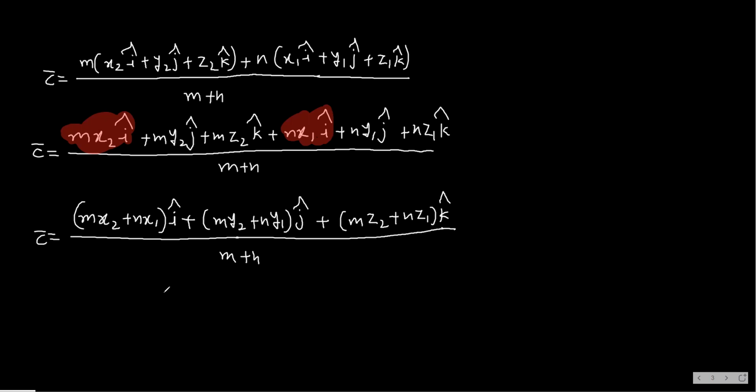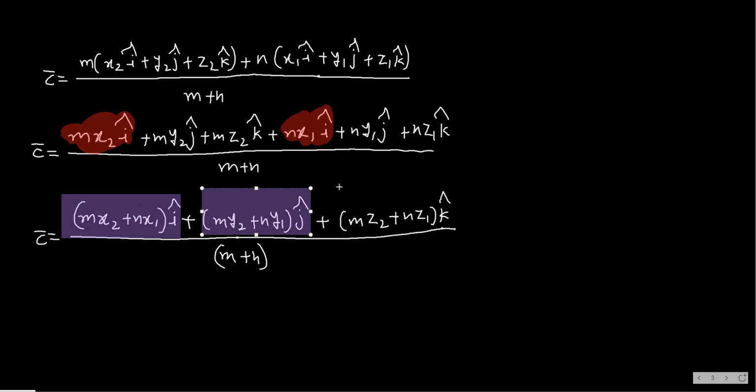Now see, there are three terms in the numerator, separated by plus signs. I shall divide each one of them separately by m plus n. So what do I get in the next step?